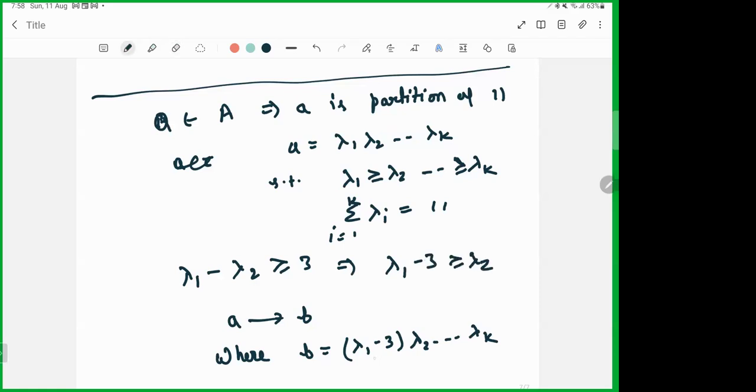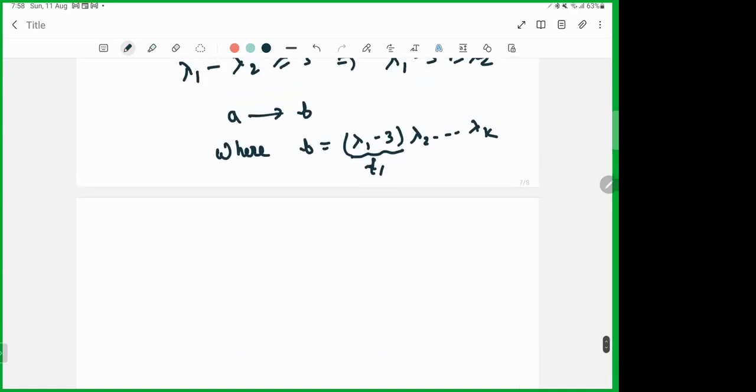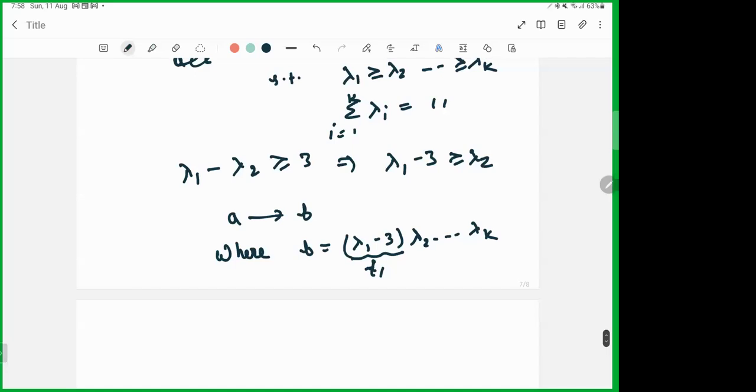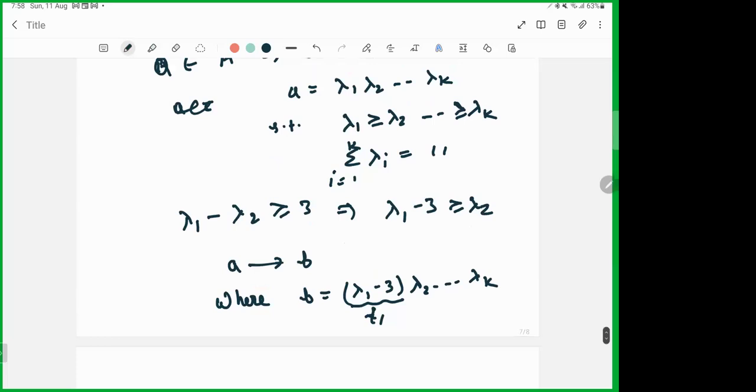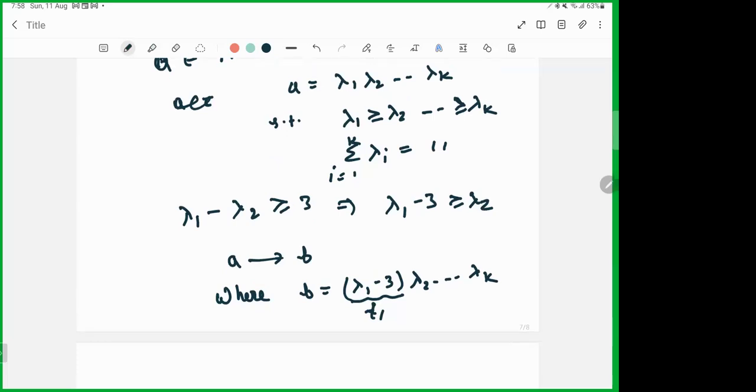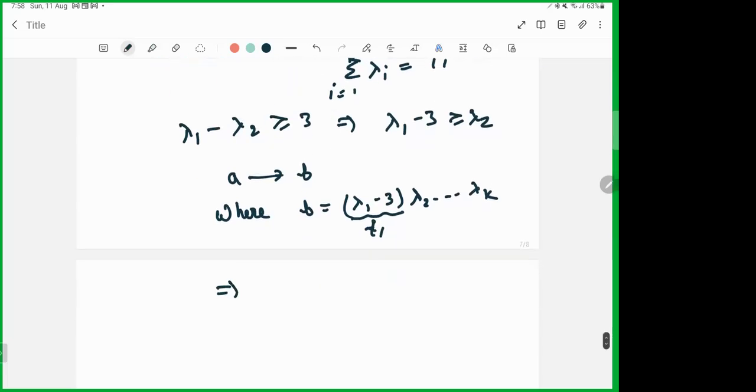So let's call this new first part T1. This is again a partition because T1 is at least lambda 2, and so on down to lambda k, and the summation of them is 8. It has two parts at least, because lambda 2 is also there in a, so it is there in b also. So b belongs to B.